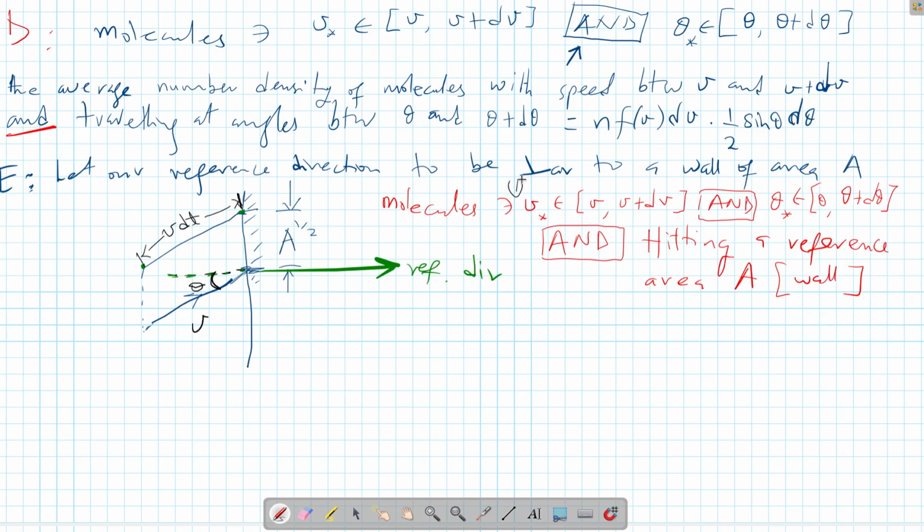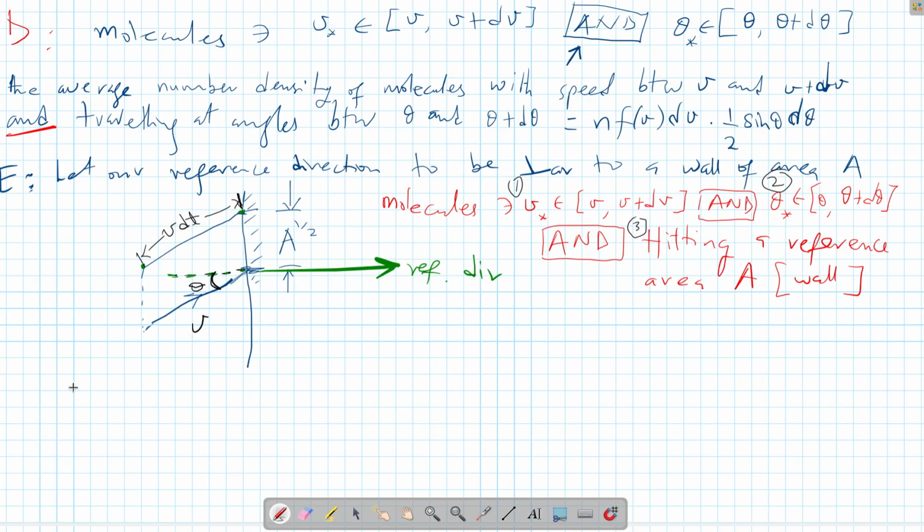This is feature number 1, this is feature number 2, this is feature number 3. 1, speed has to be in this range. 2, direction has to be in this range. And 3, we need molecules hitting a reference wall.